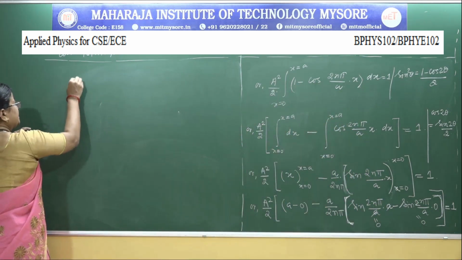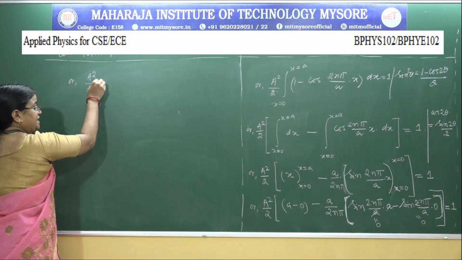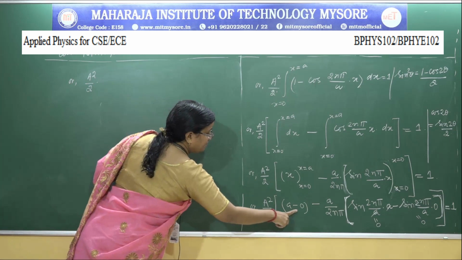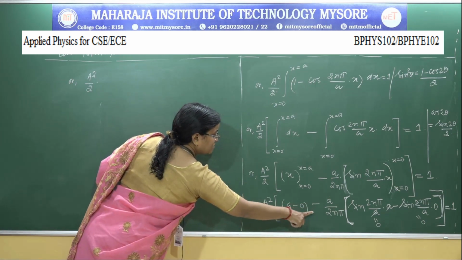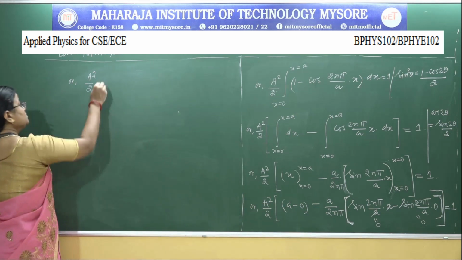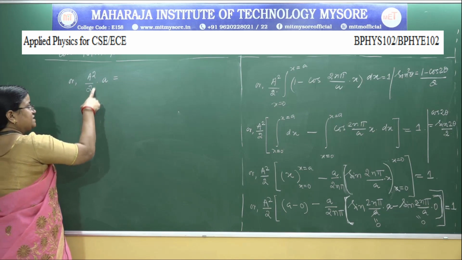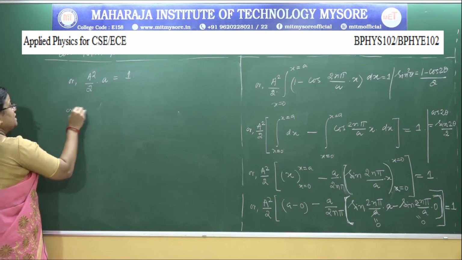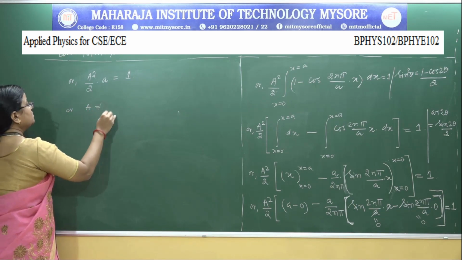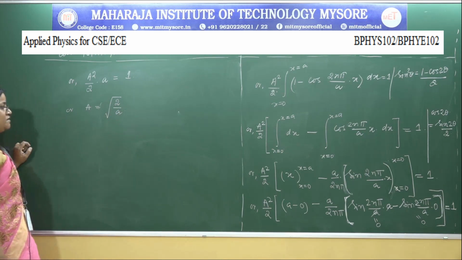So, what we get, a square by 2 into a minus 0 is a, and the whole value becomes 0. So, you will get a square by 2 into a, it is equal to 1. So, a will be equal to root 2 by a.